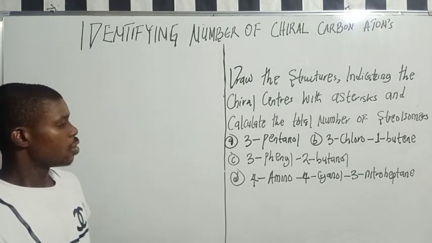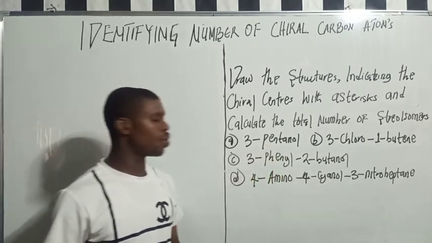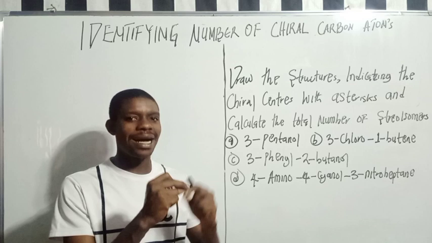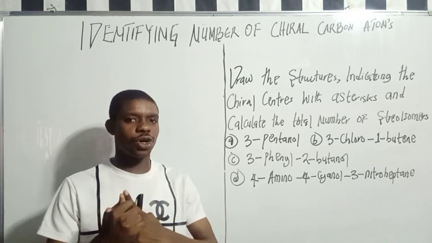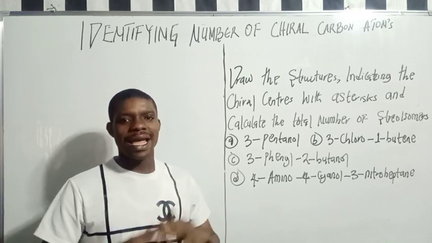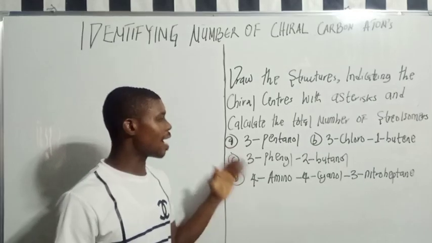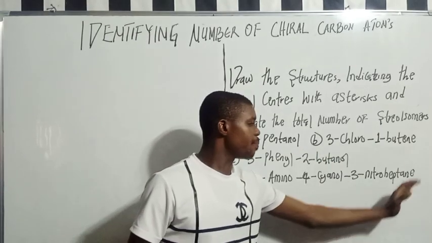So here you have 3-pentanol. Before you can identify the number of chiral centers or chiral carbons, you must draw the structure. As organic chemistry students, you must know how to draw the structure from the IUPAC name.